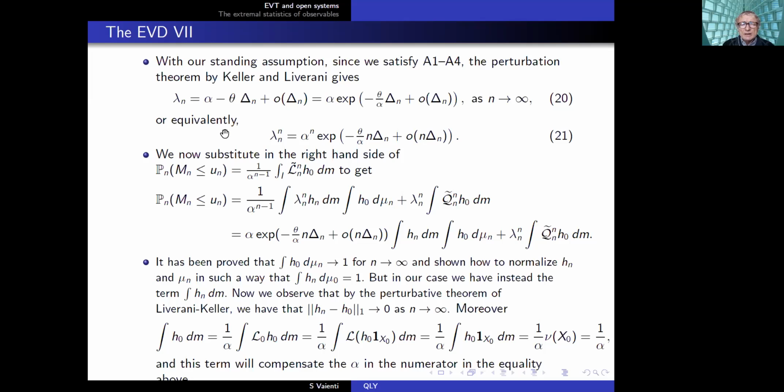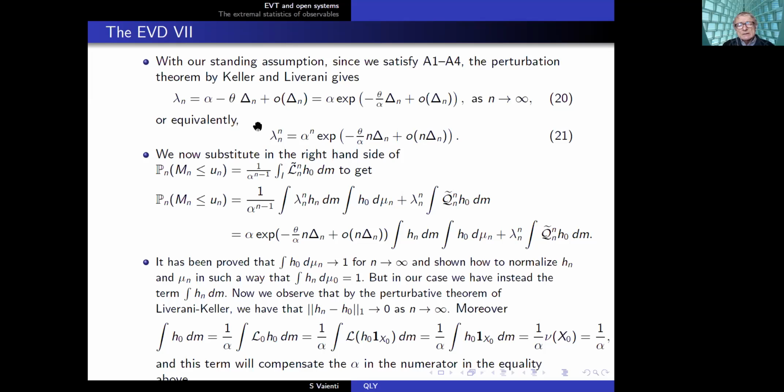And this is exactly what happens. If I call lambda n the eigenvalue of L tilde, it verifies this condition here, just applying the perturbation technique developed by Keller and Liverani, which in our case is true since we already established all the conditions which are required in order for this theory to work, which I stated before.